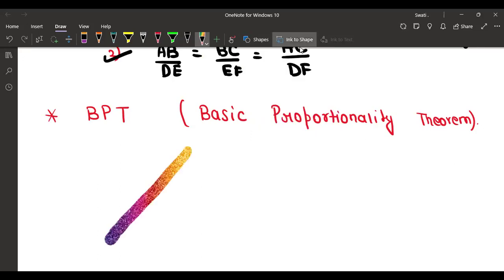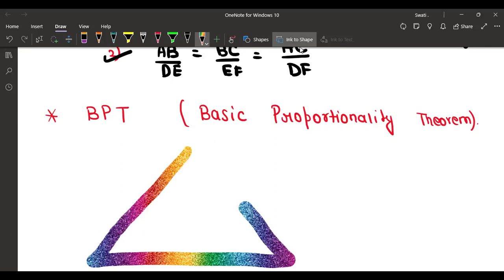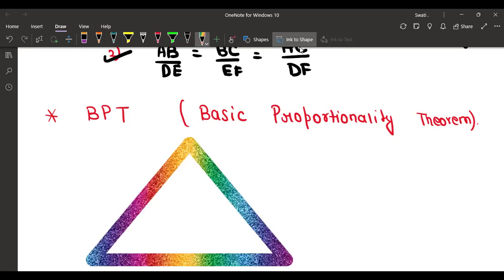for that, let me draw a triangle. So this is a triangle, right? Now in this triangle ABC, if you draw a line, or you can say a line segment, in such a way, Manya, that that line segment is parallel to the base of the triangle.